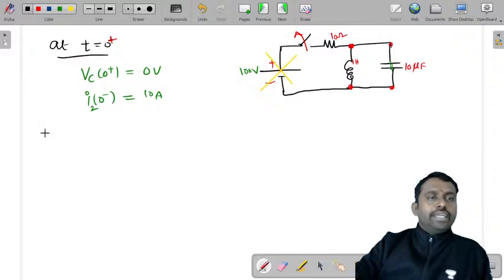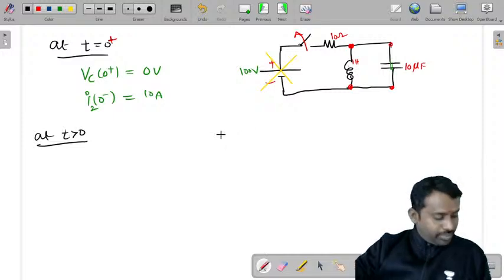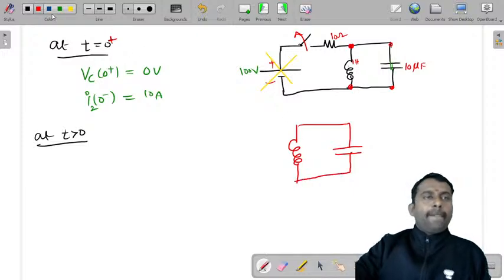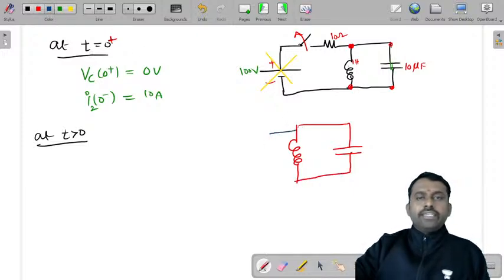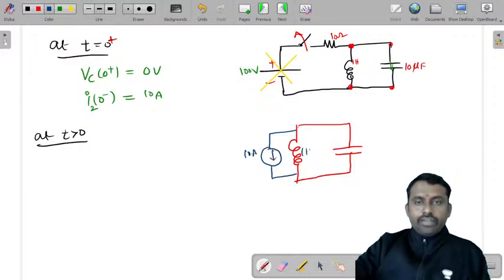Now consider t greater than 0. At t greater than 0, you can write the loop equation. You can draw this circuit like this, inductor and a capacitor, and across this inductor it is already a current source that is acting. That means it is acting like a current source which is charged to 10 amperes, and inductor value is 1 Henry.